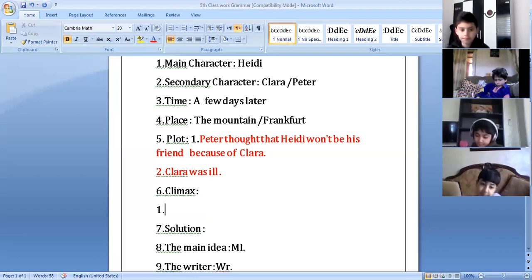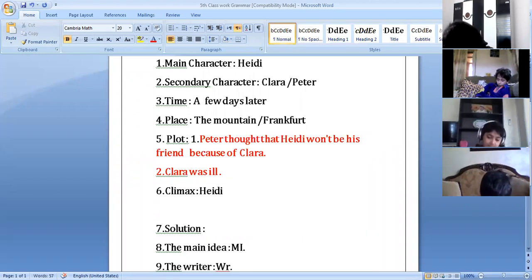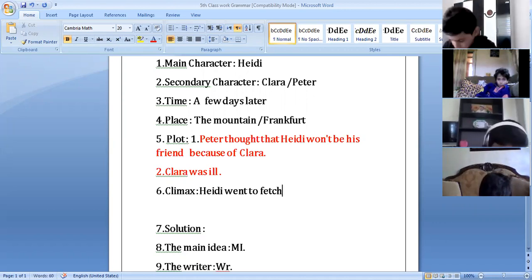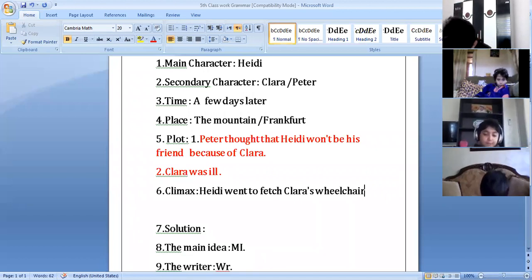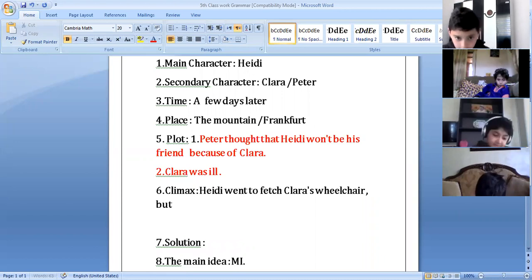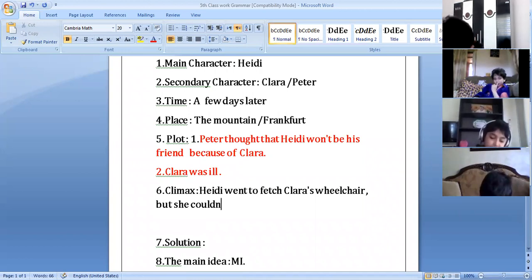Heidi went to fetch Clara's wheelchair, but she couldn't see it anywhere.